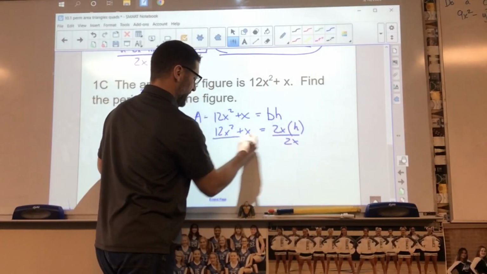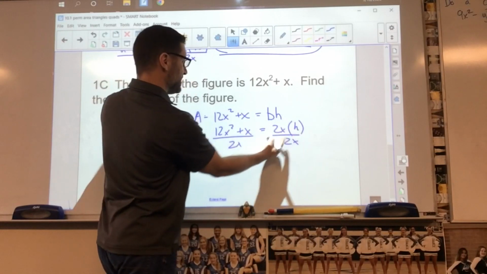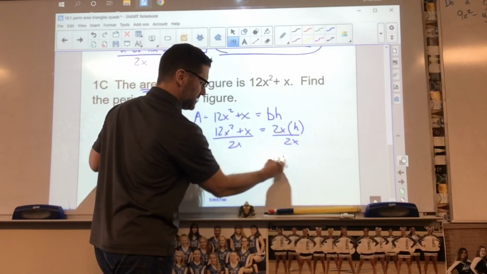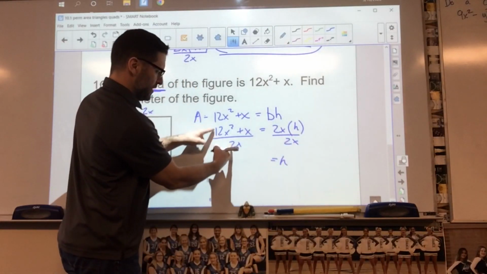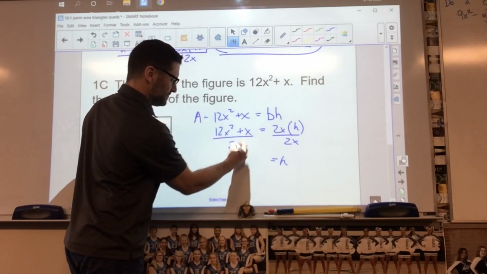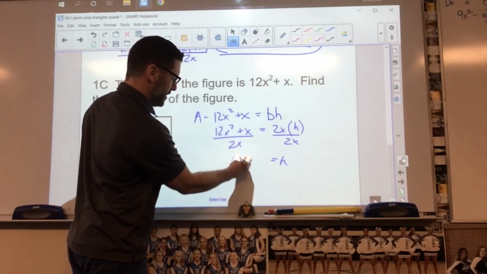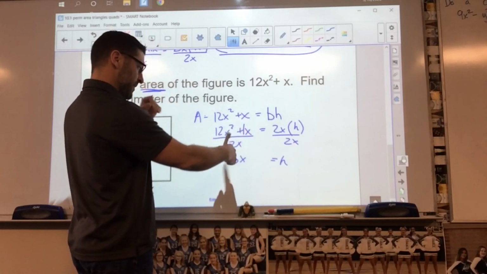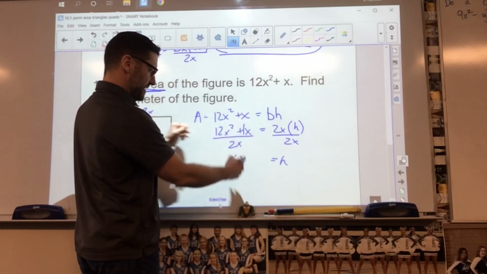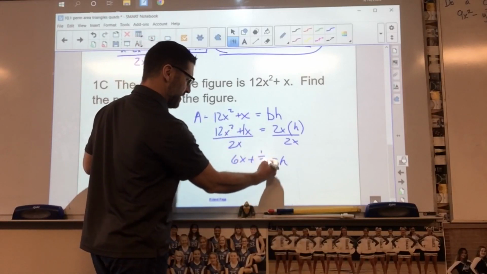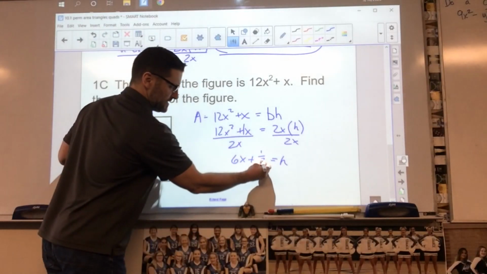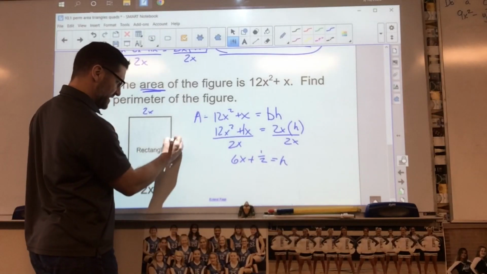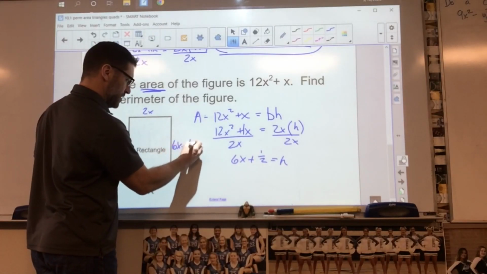So I'll divide by 2x. Again, I'm trying to isolate the h, very similar to what I was doing up there. H is equal to, well, that's 6. And x into x squared is x. And I have the same thing I had going on up there. 2x and 1x, it's going to be 1/2. So that's actually an expression for the height. 6x plus 1/2.